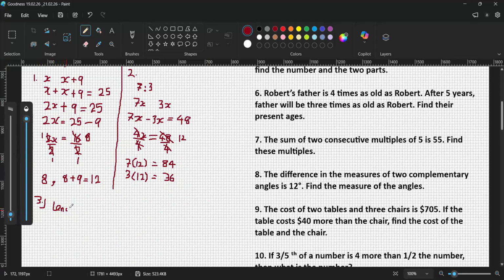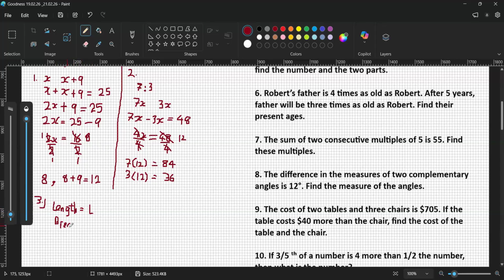To avoid confusion, let me write out length in full. So length is L. I'll use the capital letter so that it does not look like I. Then breadth will be equal to what?